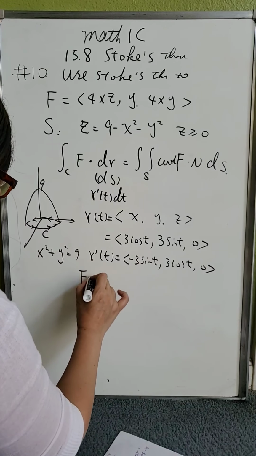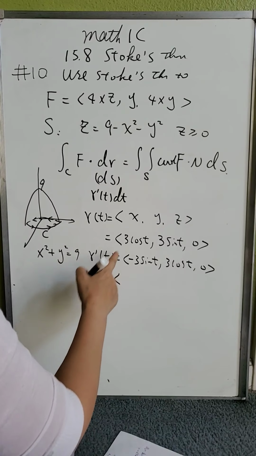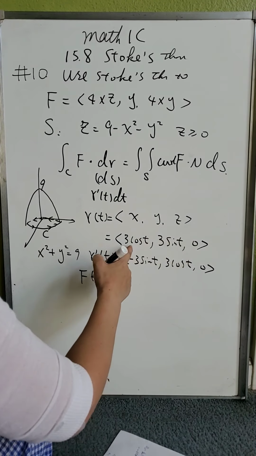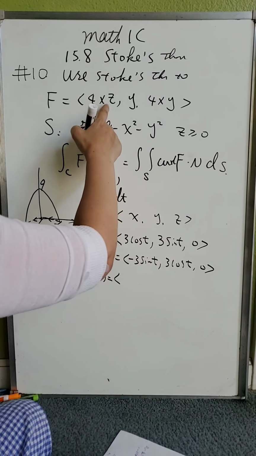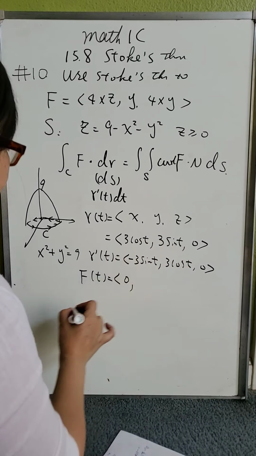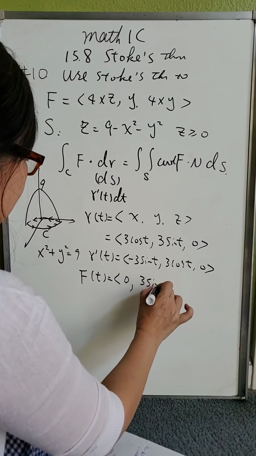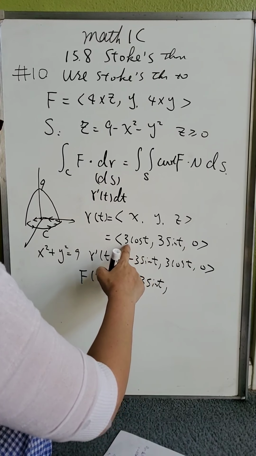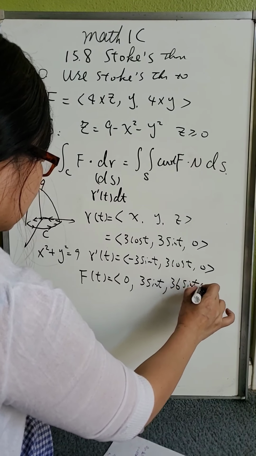And then F(t) is equal to, now, replace it. Say x equal that, y equal that, z equal that, okay? So z is equal to 0, so my first term is 0. This is good. My y is just equal to 3 sine t. And my 4xy equal to 4 times 9 sine t cosine t.